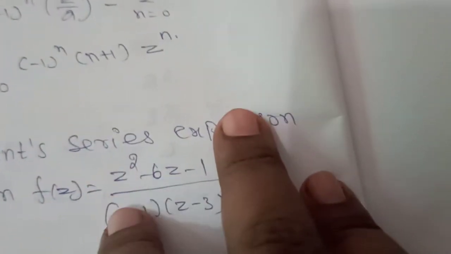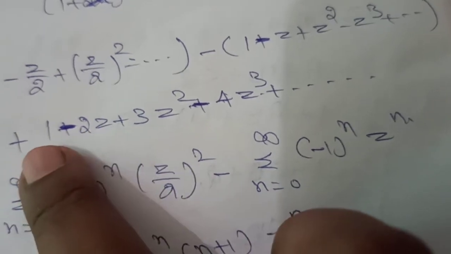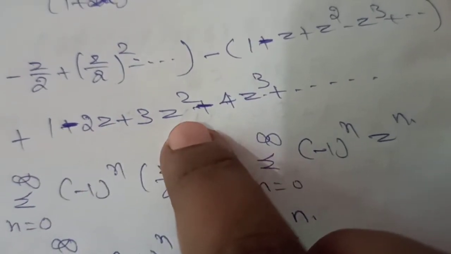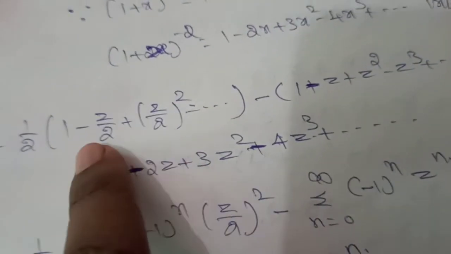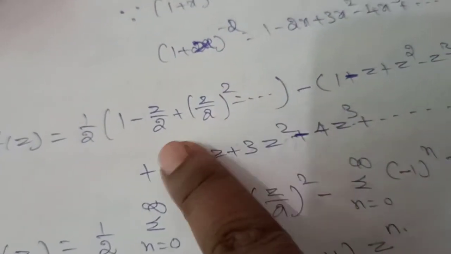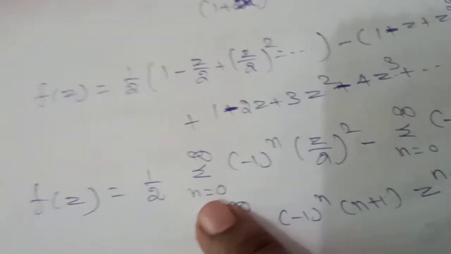Here x value is z, that is 1 minus 2z plus 3z square minus 4z cube plus etc. So this is the expanded value. Then in this expanded value, the final answer can be replaced with the sum of the value.